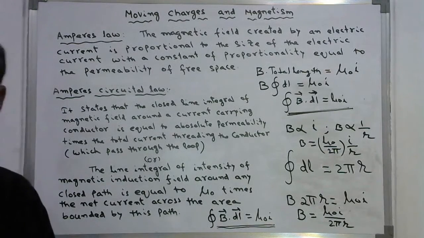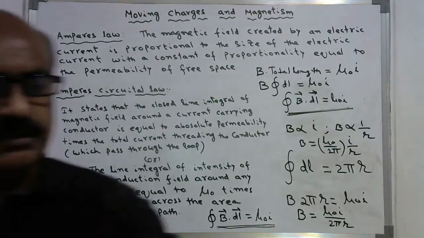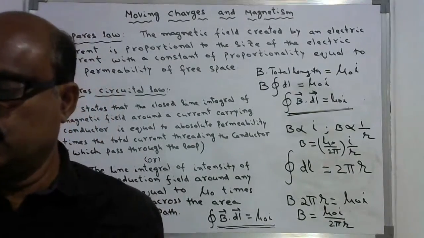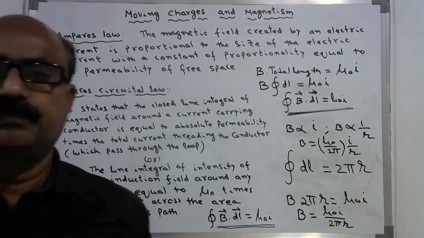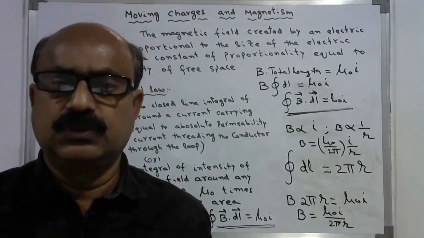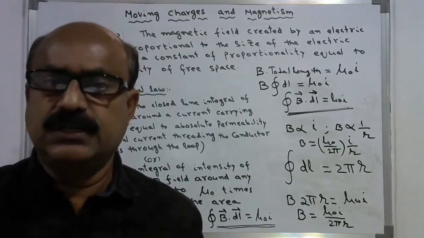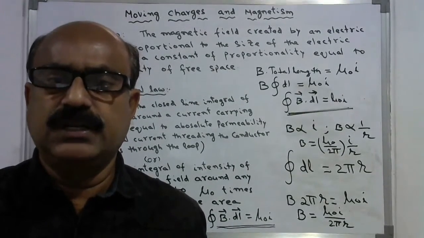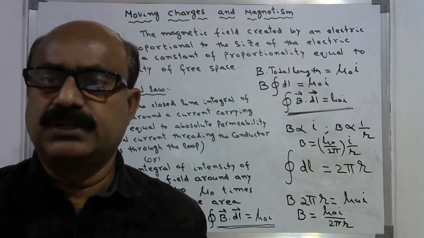Then what does it mean? Now I will draw some closed path due to different current conductors through that loop. What will be the net current and what will be the net field at any particular point?